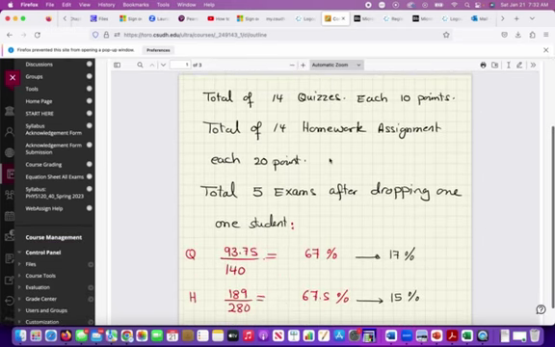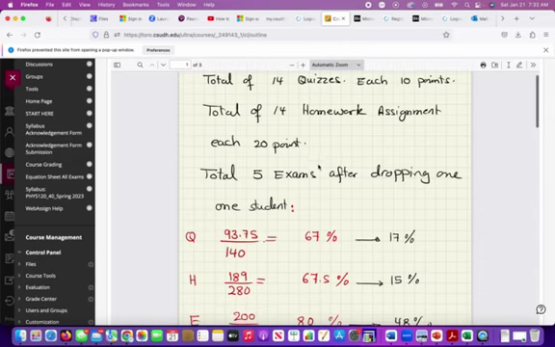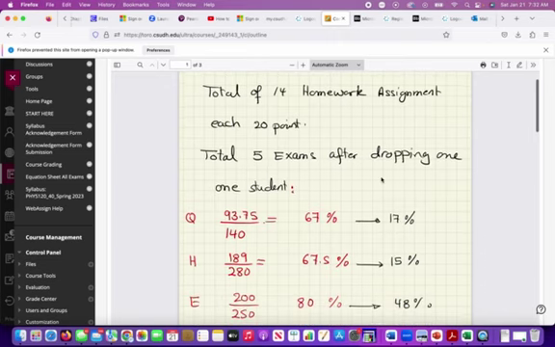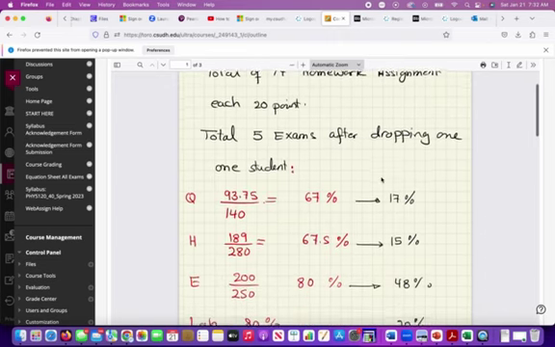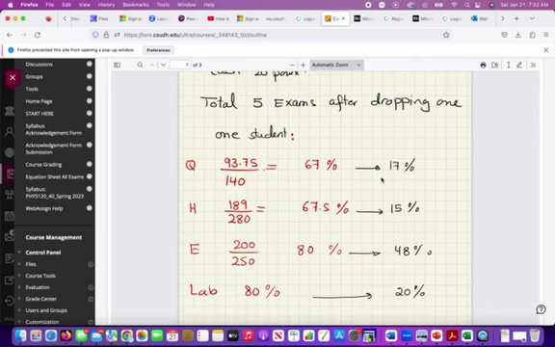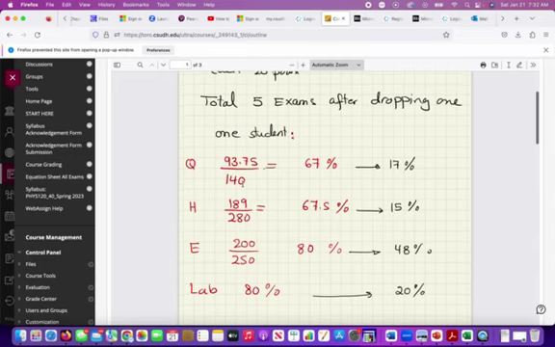You have a total of 14 quizzes, each 10 points, and total of 14 homework assignments, each 20 points. The total is 5 exams after dropping 1. Okay, and let's assume here one student got 93.75 out of 140 in quizzes, which is 67%, and in the homework 189 over 280, which is 67.5%.